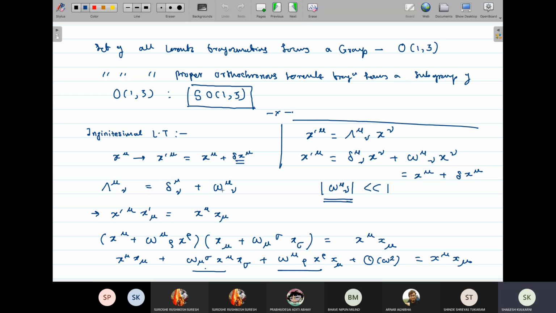Delta x mu is basically omega mu nu x nu, and given a Lorentz transformation, I know what these parameters are. Any question?